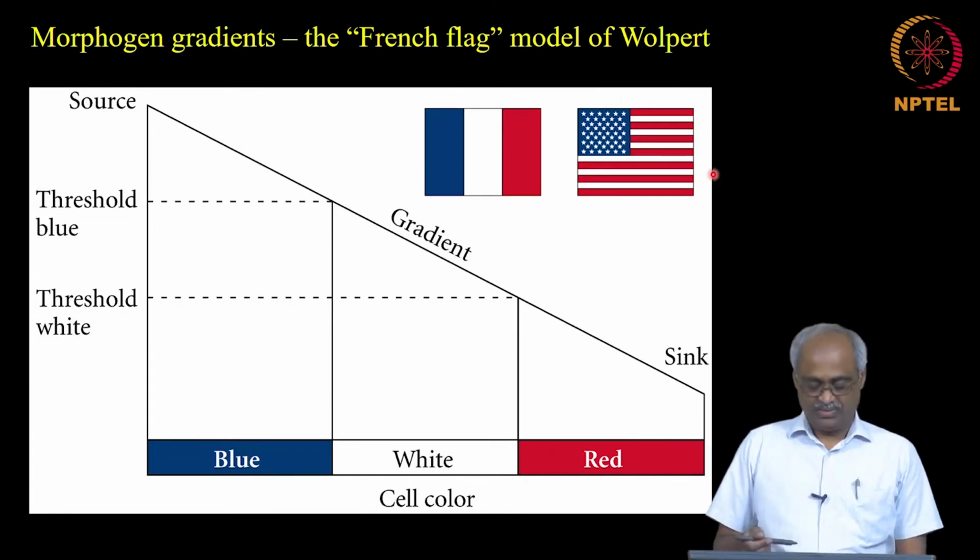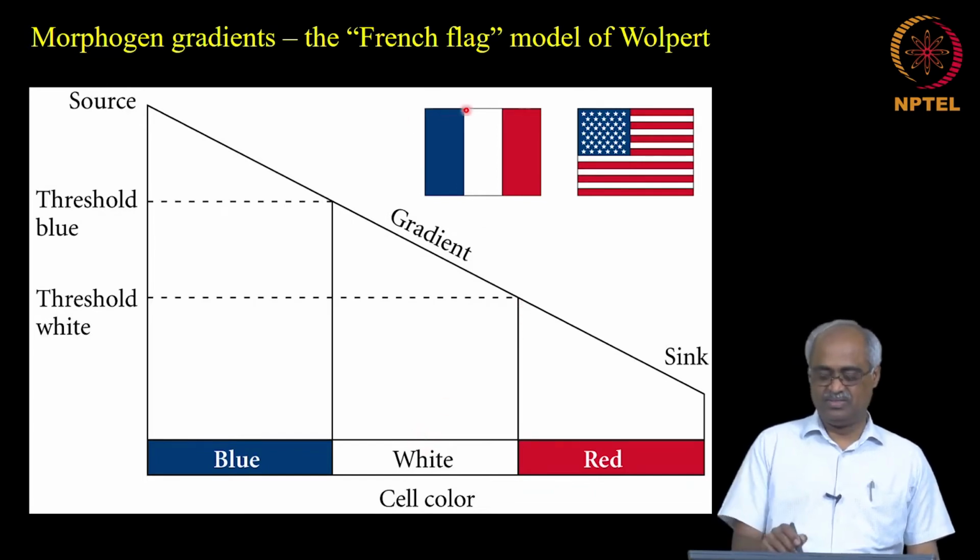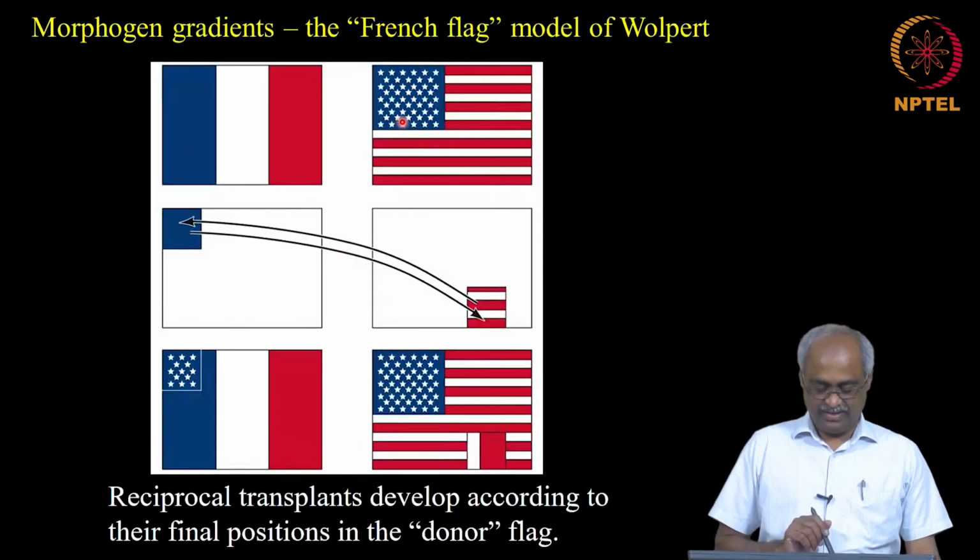Now let us see what is going to happen. We are going to take a part of it, let us say this part, and put it here, and then swap. From here also you swap, and the end result is shown here.